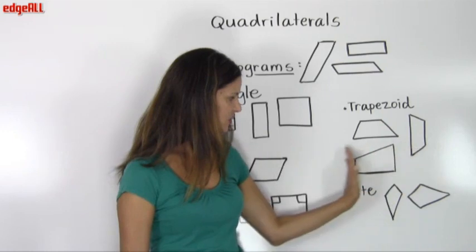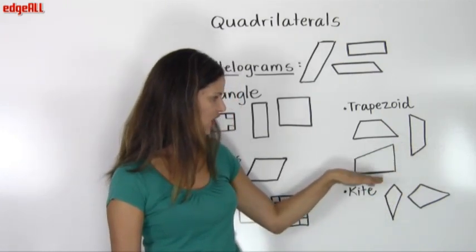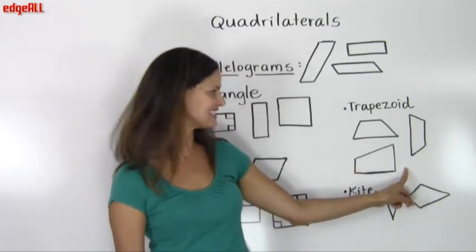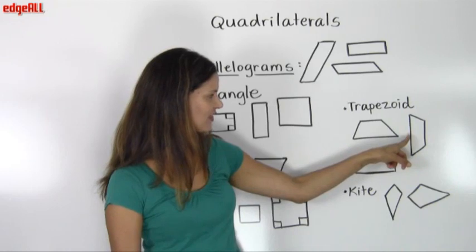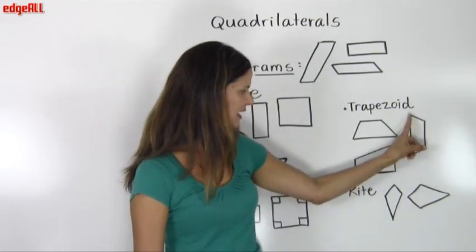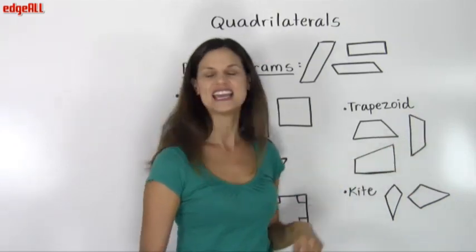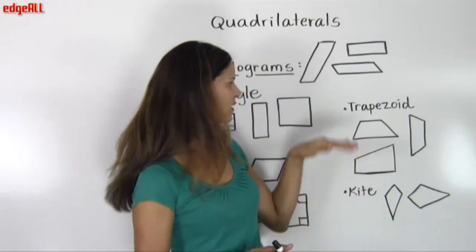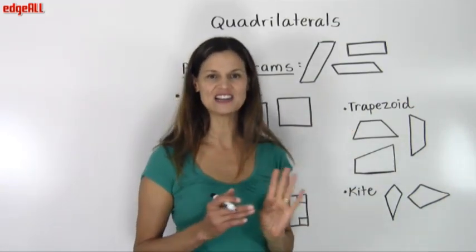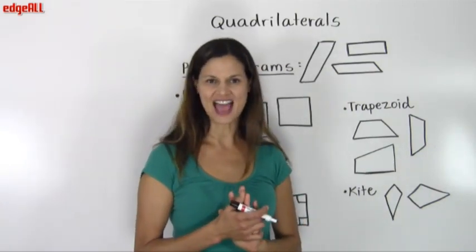So these two opposite sides are parallel, however, these two are not. So I only have one set of parallel sides. And then same here on this trapezoid, I've got these two sides here, one set of parallel sides, but this set of opposite sides is not parallel. So a trapezoid is a quadrilateral, a four-sided figure with one set of parallel sides.